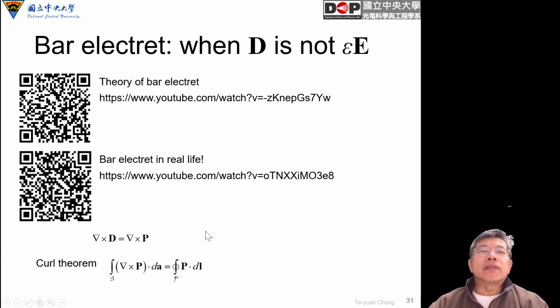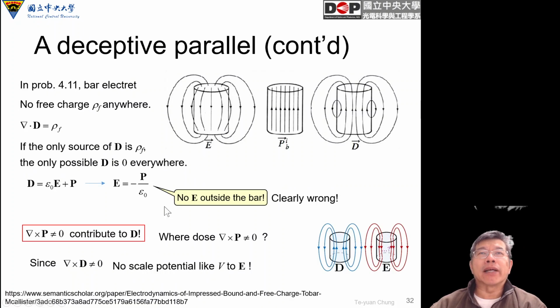Anyway, in that case, taking the curl of D is equal to the curl of P. So this is very different from the electric field. Definitely do not confuse them, or just take the electric field and apply it to D. This is not likely to work. Now, there is a problem in the textbook, so you probably want to go and take a look at it.